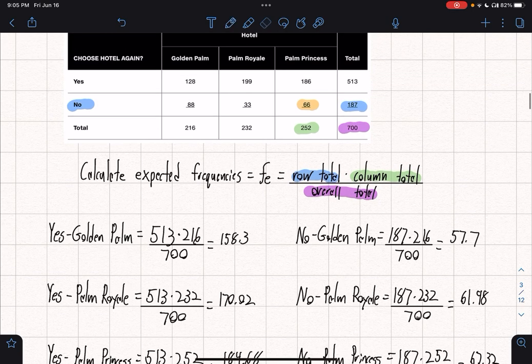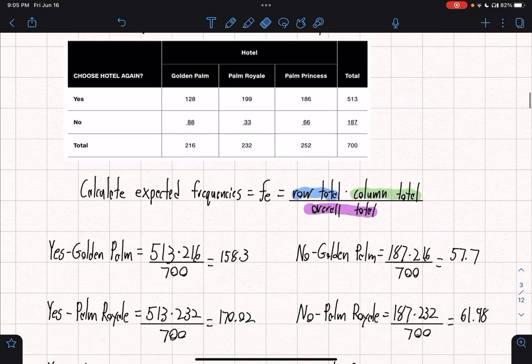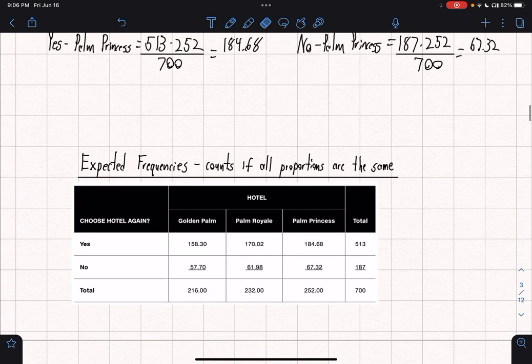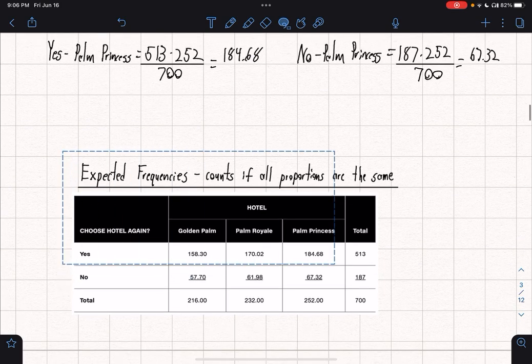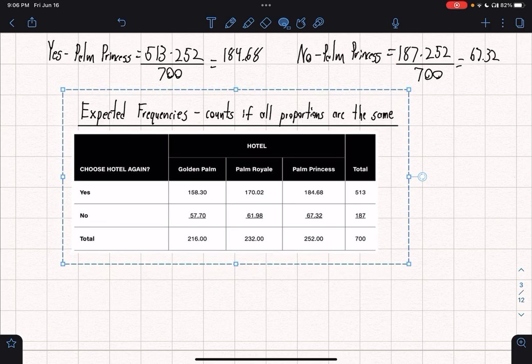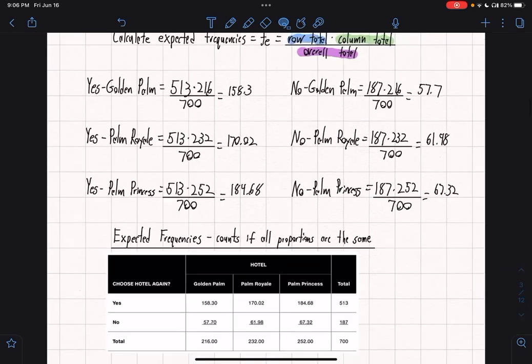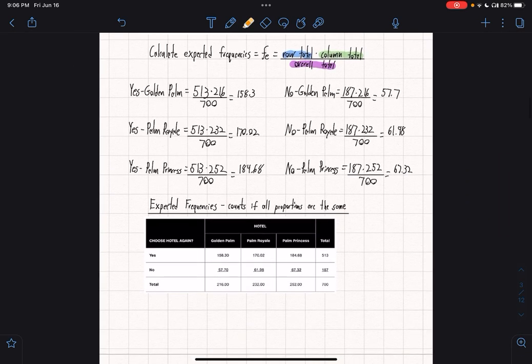Okay, so we just calculated our expected values for this whole table. So I actually have it right here. We have our expected frequencies. So let's just take a look. So yes, Golden Palm, we had 158.3. Yes, Palm Royale, 170.